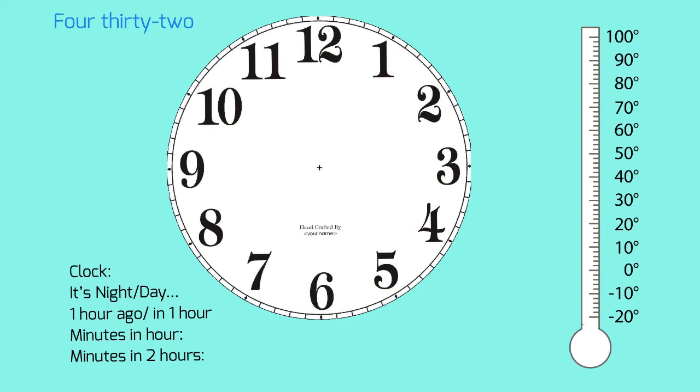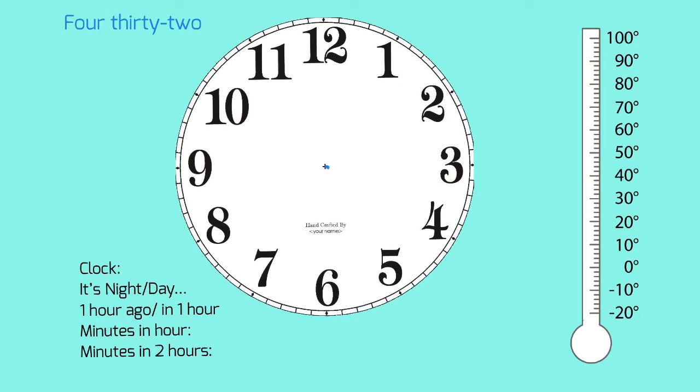So if we want to draw 4:32, I would kind of point it in the middle of 4 and 5, and our long hand would go down here because we know that's 30, and we go 31, 32.